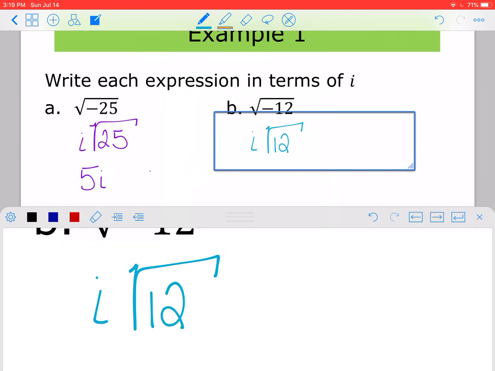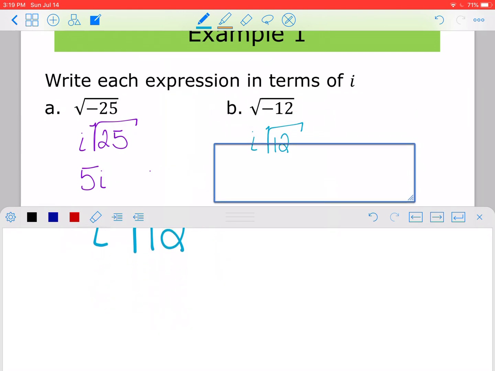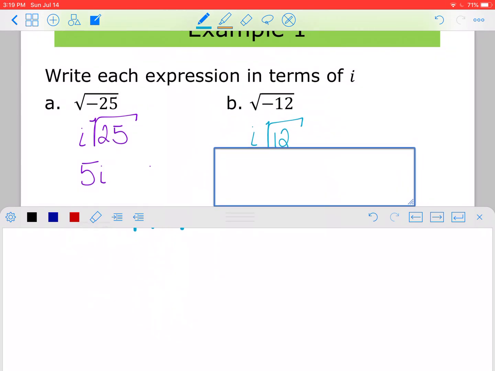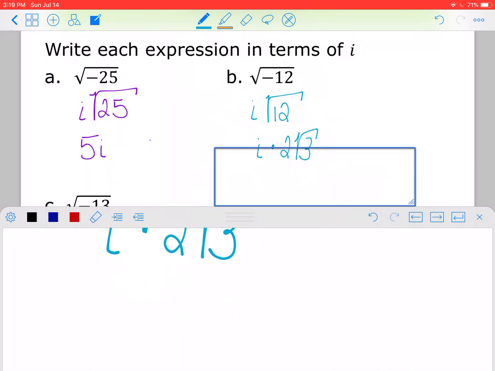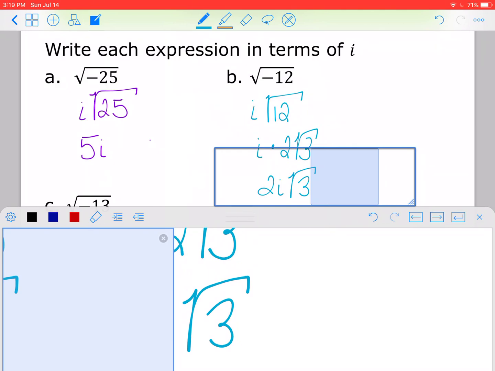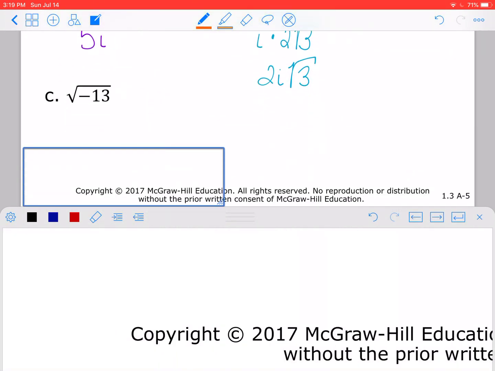So we would have i times 2 root 3, and we rewrite that as 2i root 3. And then the square root of negative 13, excuse me. We can't simplify the square root of 13, so our answer is just i times the square root of 13.